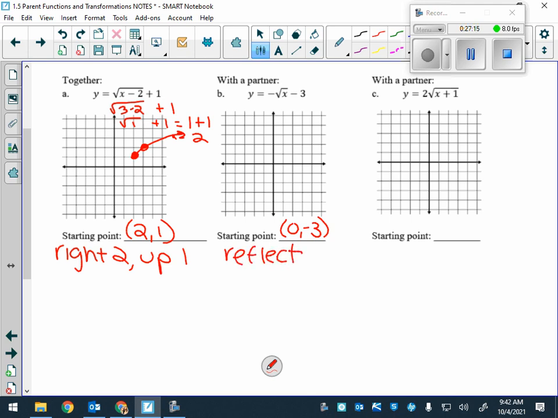Jax, give me another. Do you think that it would be a stretch? No. The negative in front only means reflection. Then we're moving down 3. Okay, so we have 0, -3.